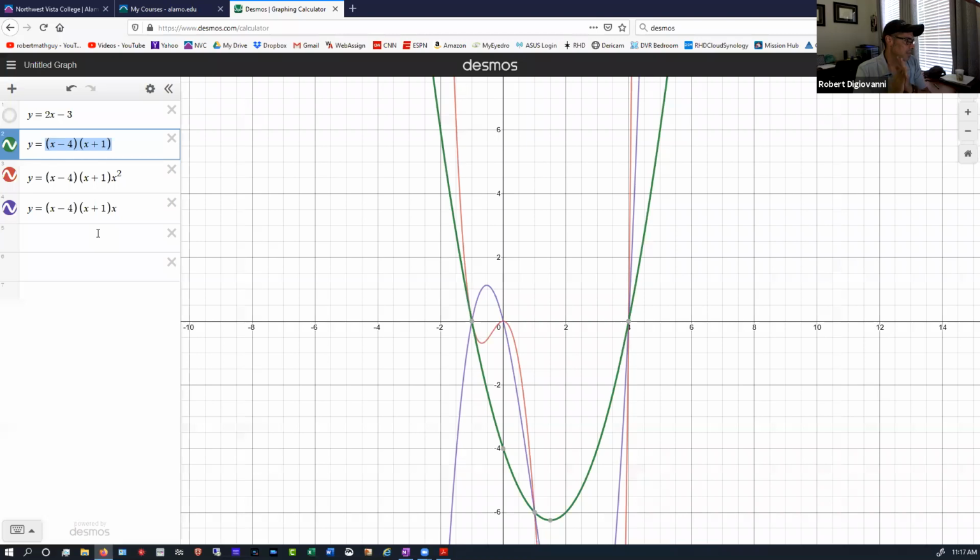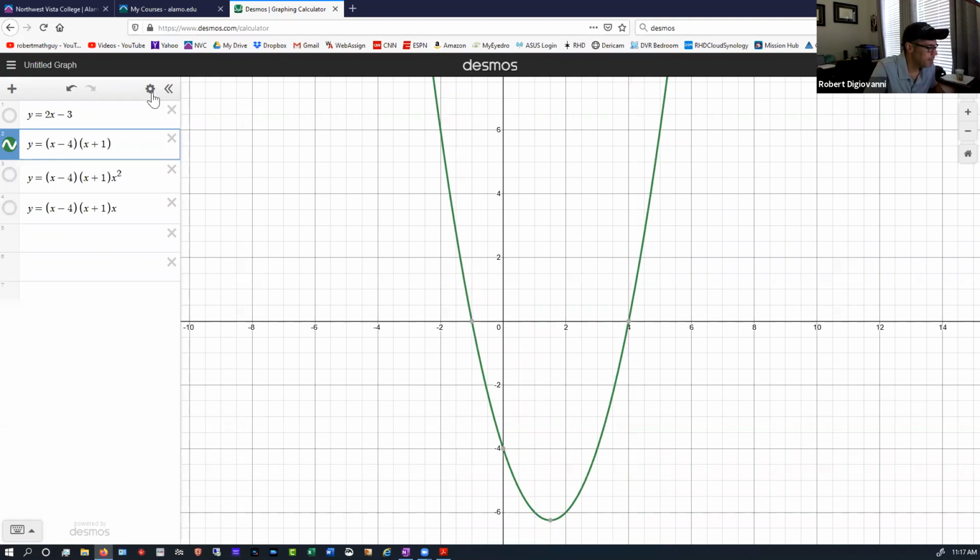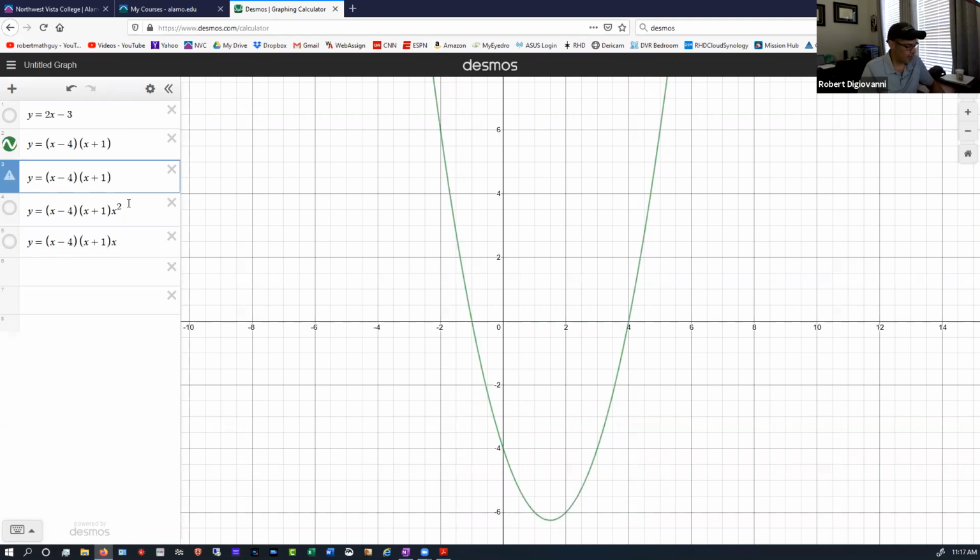Now, let me really throw a wrench in this. What I'm going to do is take this parabola and copy it. Here we go. I'm not going to add an x to the outside. I'm actually going to square the x plus 1.